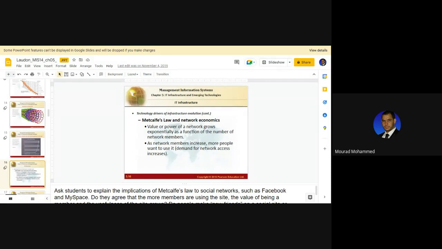This would increase the chance to build intimacy and to gain new customers. This is the positive effect of the computer network, the internet, the web. All of them can give such a revenue value. Metcalfe's law.